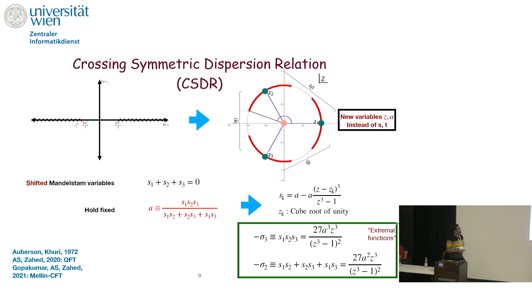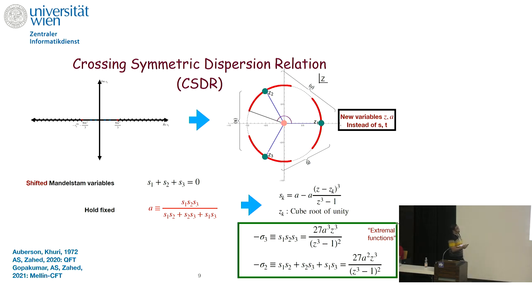So let's go about talking about this crossing symmetric dispersion relation. Since some of you may not be aware of what a dispersion relation is, let me just spend 30 seconds explaining. A dispersion relation is basically a fancy application of Cauchy's residue theorem. You start off by calculating the function, say, at some arbitrary point here, and you deform the contour and make it wrap around the cuts that you assume, or you have to make some assumptions about the analyticity property of the function.